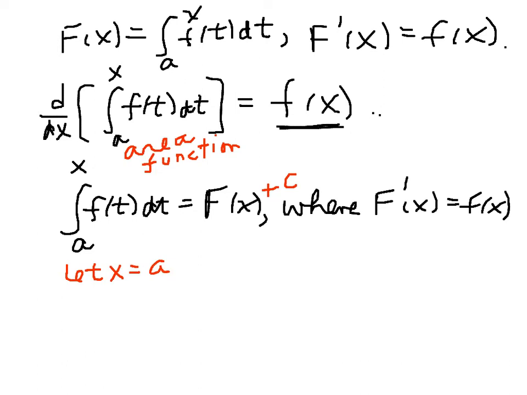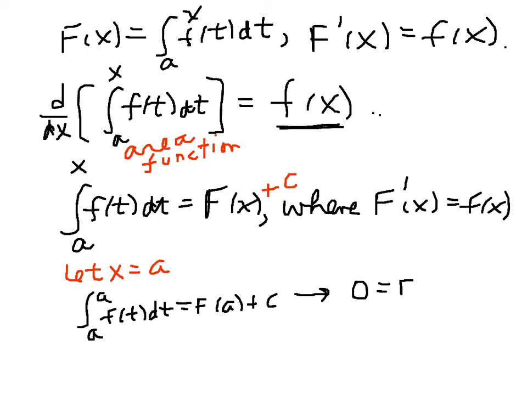If I let x equal a, I get the integral from a to a of f of t dt is equal to F of A plus C, which implies that 0 is equal to F of A plus C, which implies that C is equal to minus F of A. That's what I want to write.